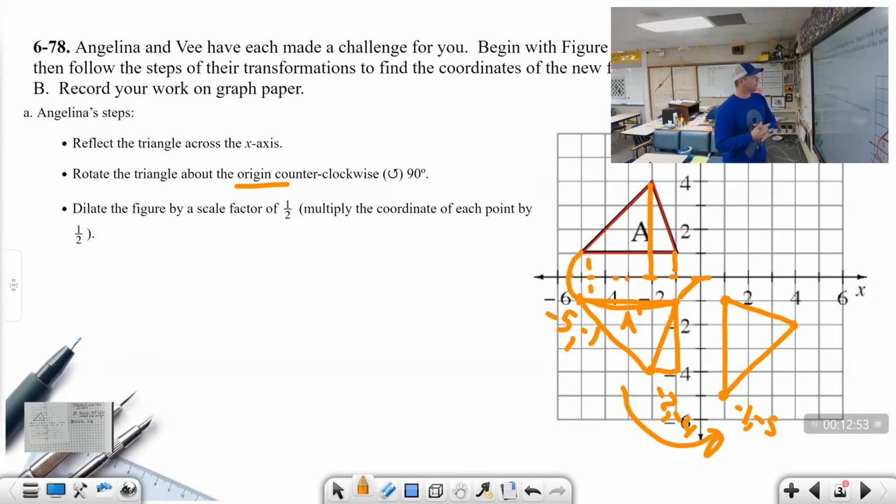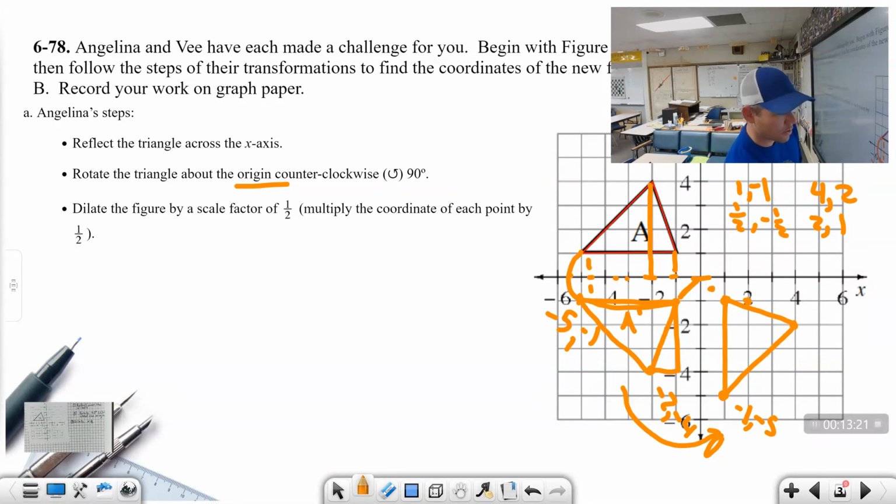Last of all, dilate the figure by a scale factor of half. In order to do this, you need to have all of the coordinates written down. 1, -1, -1. That's going to turn into half, -half, right here. 4, 2 turns into 2, 1, right here.